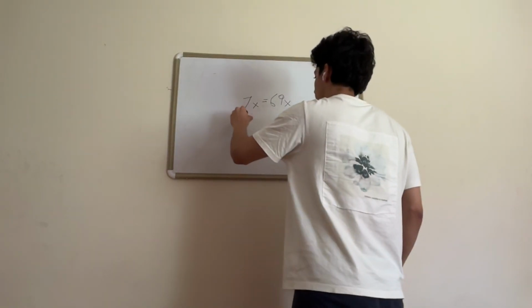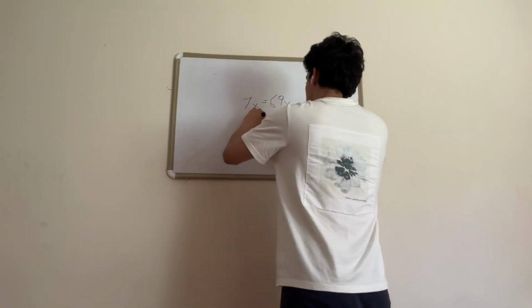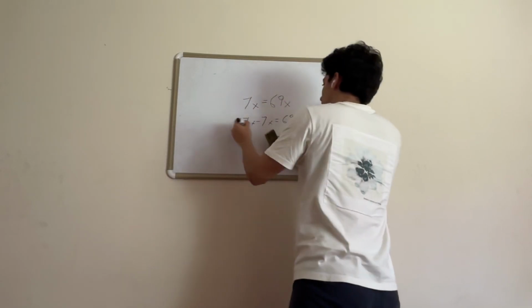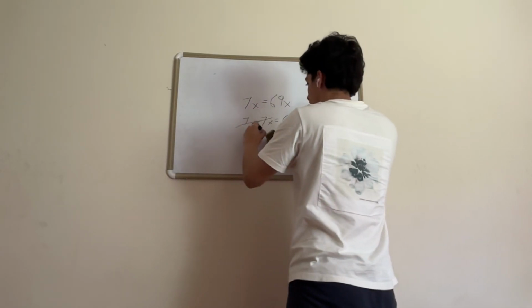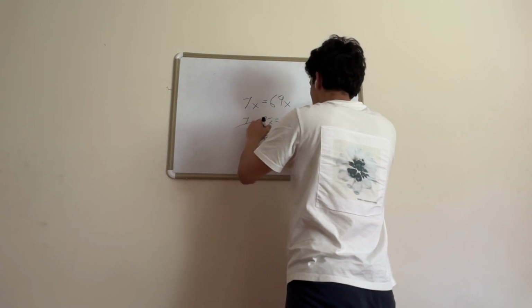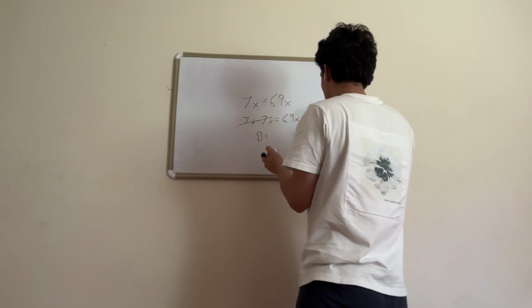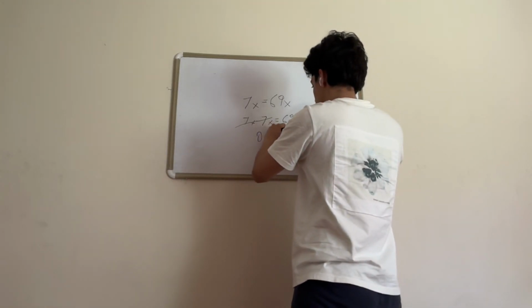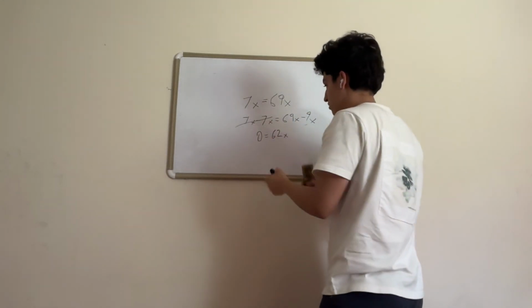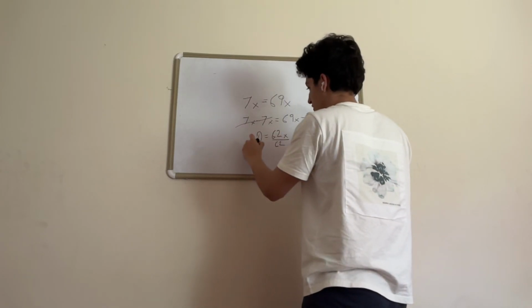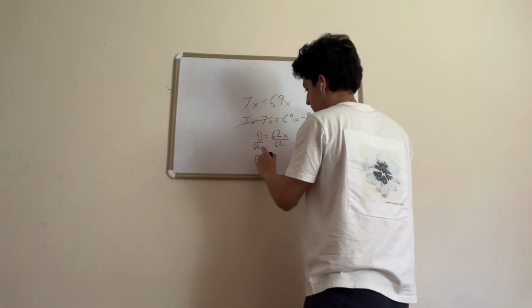I'm just gonna do the full process to understand. So, 7x, 7x. 69. This is cancelled, so it's 0. And this, 62. So now we have that. In this case, we gotta solve for x of 62. This is a 0.